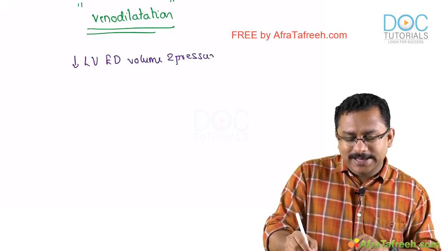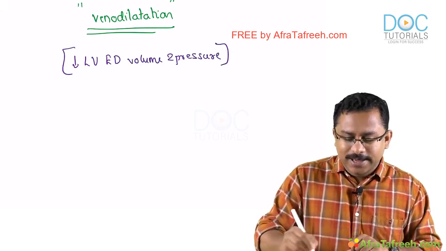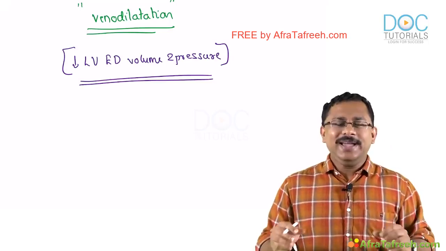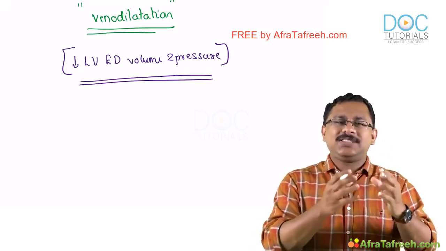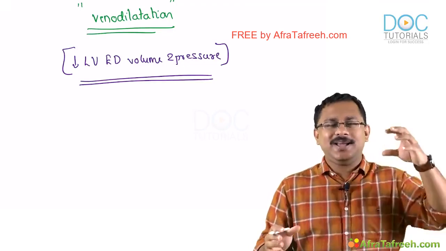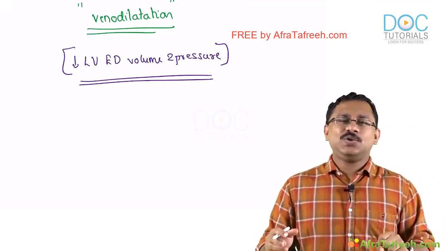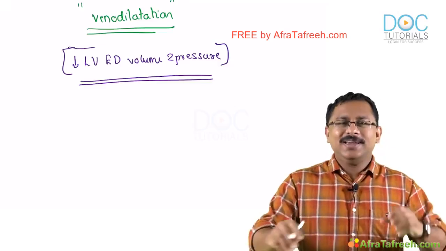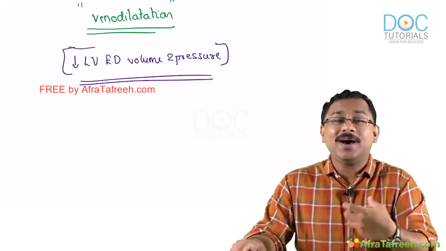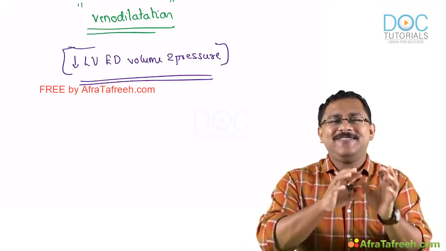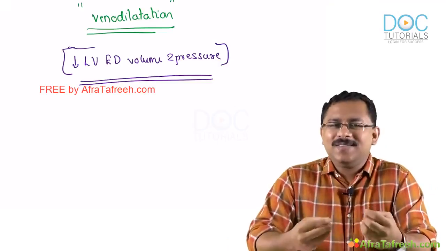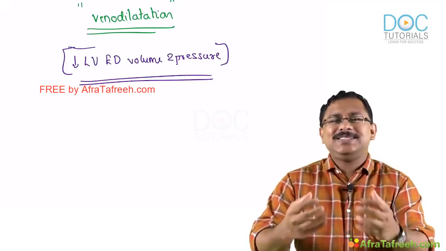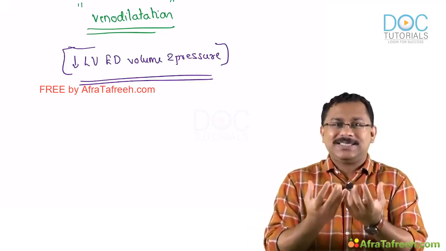Because naturally when the end diastolic volume increases, the heart has to pump, so the demand is always high, making the heart work more. So by giving a venodilator, you are giving the heart less load to work on, because of which the energy of the heart will be preserved.